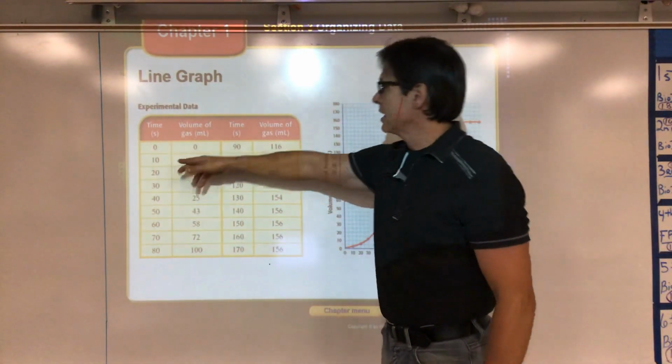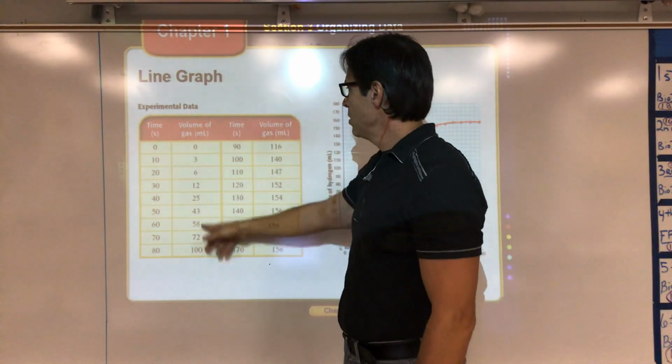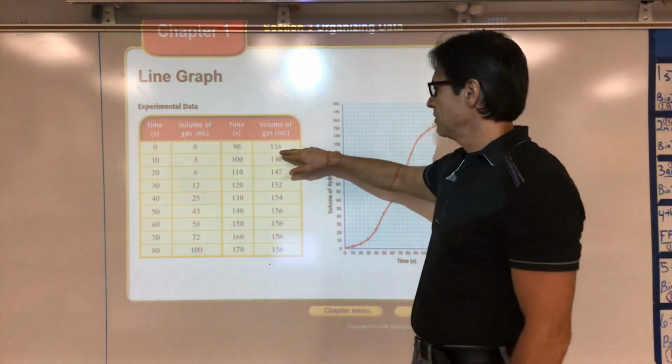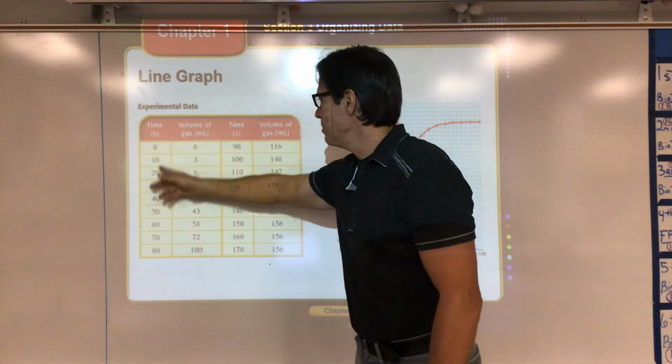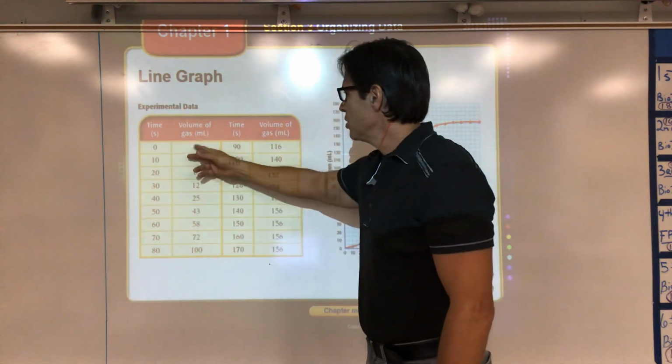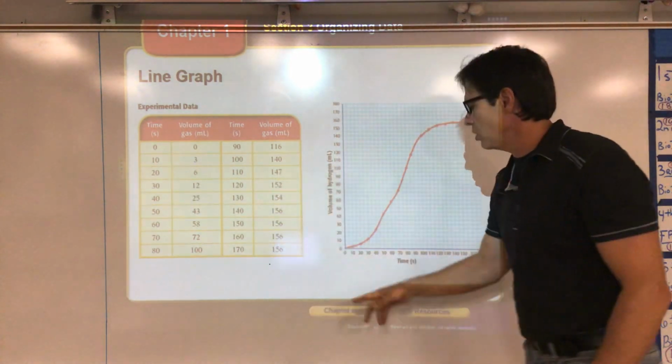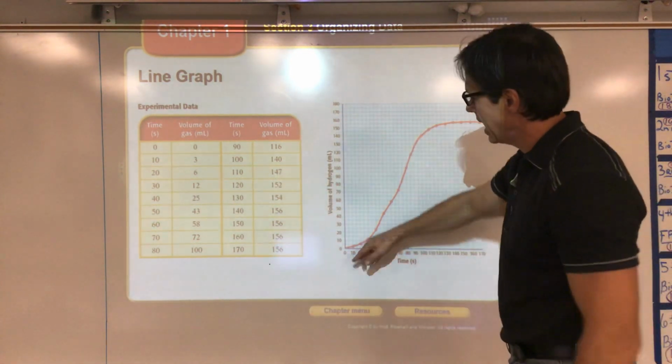Here's your time in seconds. They're comparing the volume of a gas over time, 0 to 90. They noticed as time increased, the volume of the gas increased in this time frame, and this is what it went to. So it was plotting these points. We did our x and y axis.